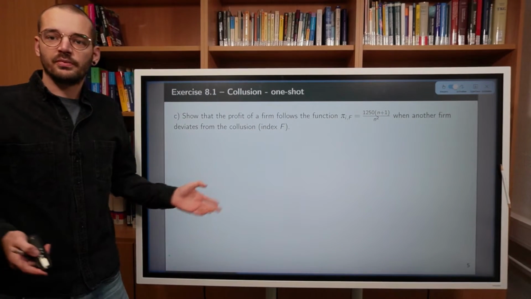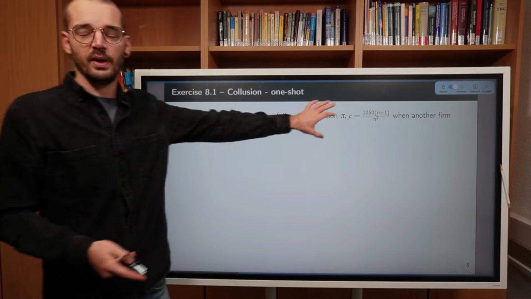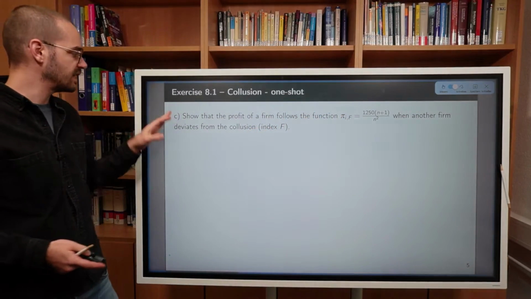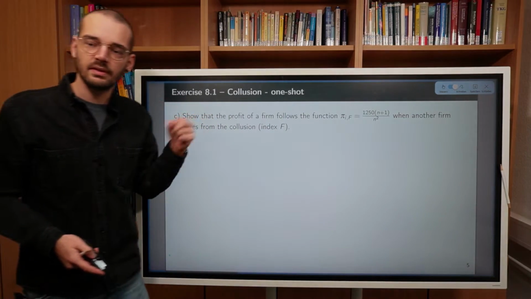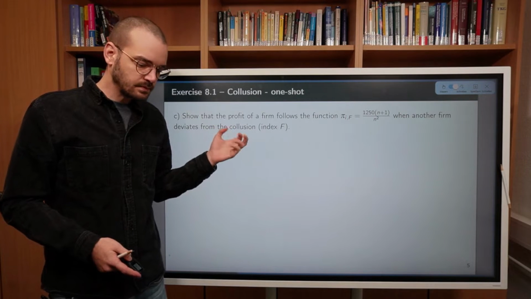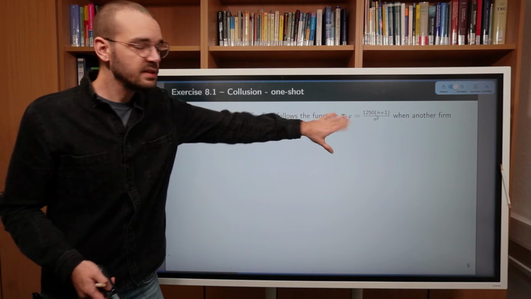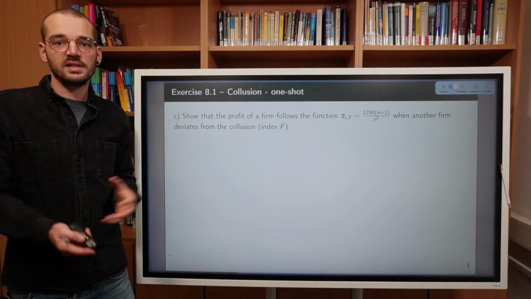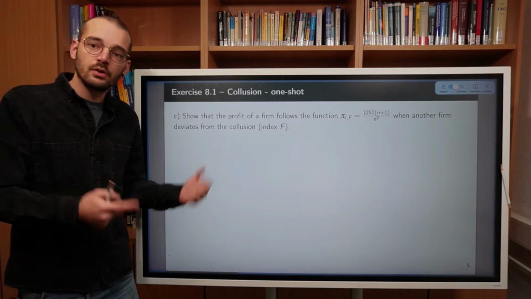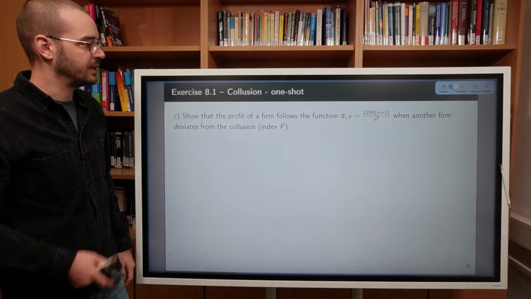Alright, so from the previous exercise, we already know the price in this situation where there's one deviator in the market, right? We calculated that in task B. We also know, even from task A, the quantity of the individual firm that does not deviate, right? It is the total quantity divided by the number of firms. That's what the firms agreed upon in the beginning, when they agreed on the collusive behavior.